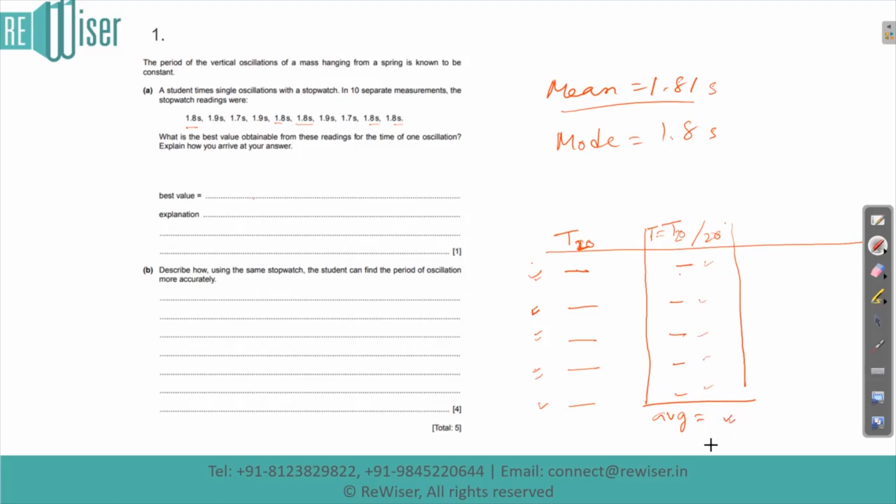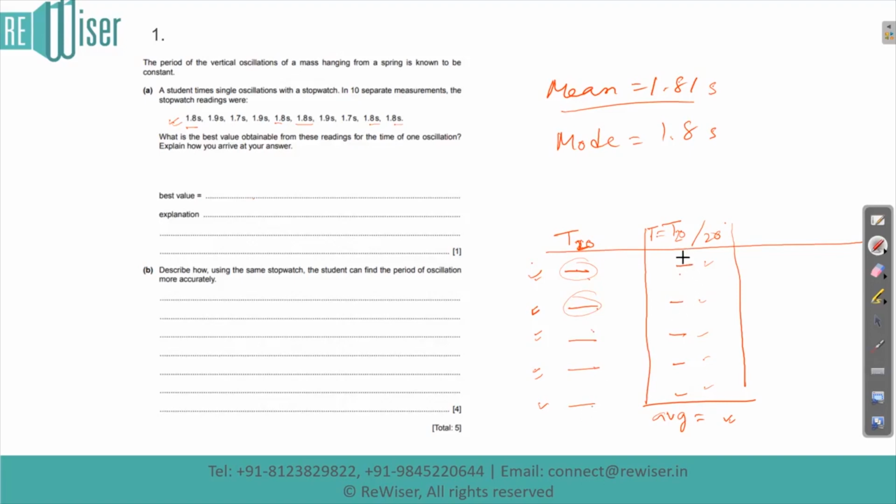You'll get a reading which will be more accurate because the sample size is now huge. Here you have only taken 10 oscillations, that too individually. You are taking 20 oscillations each time, so 20, 20, 20, 20, 20. So 100 you have taken, a 100 sample size.